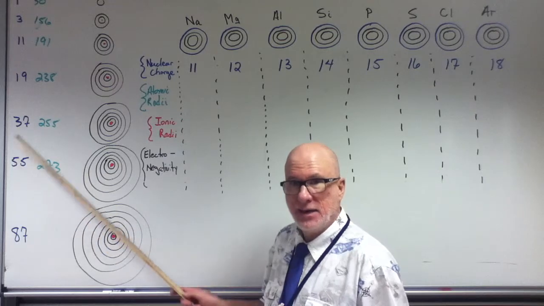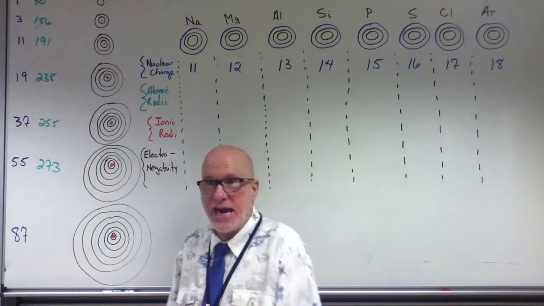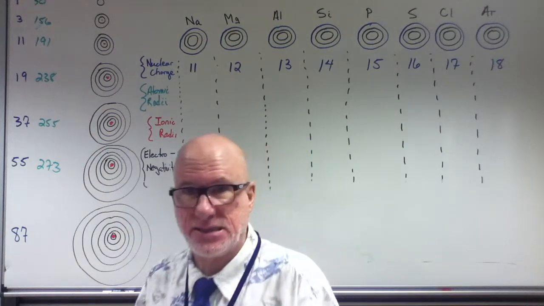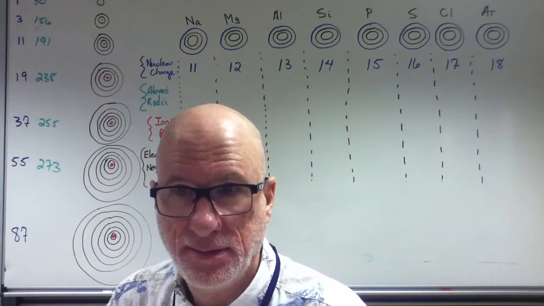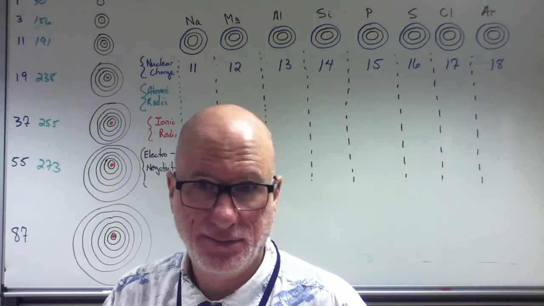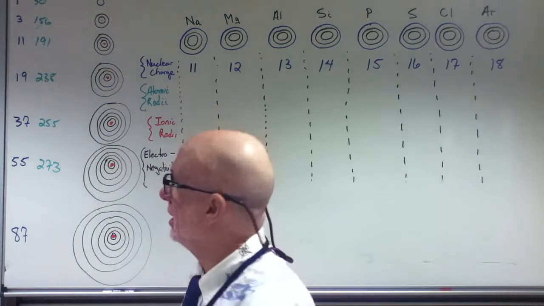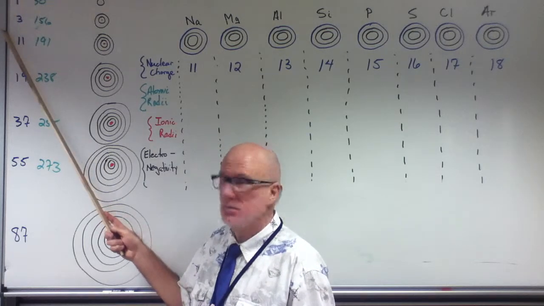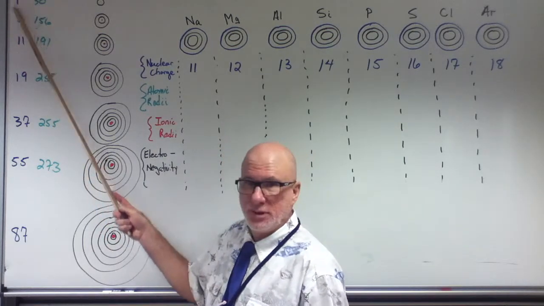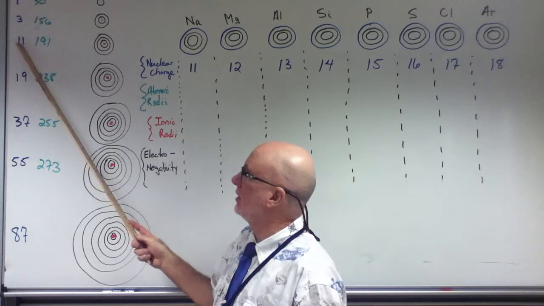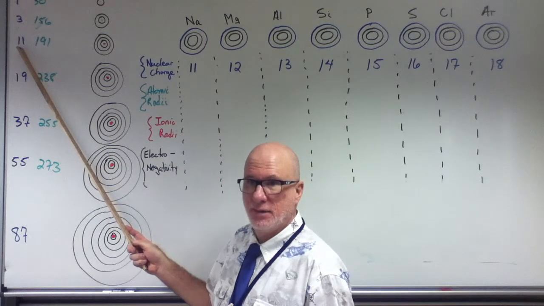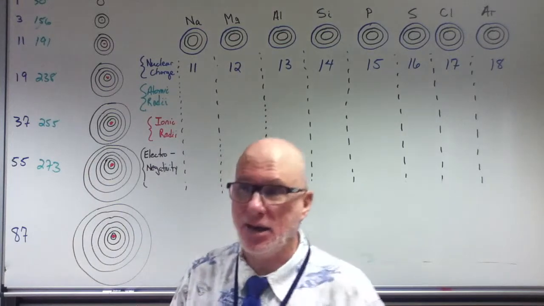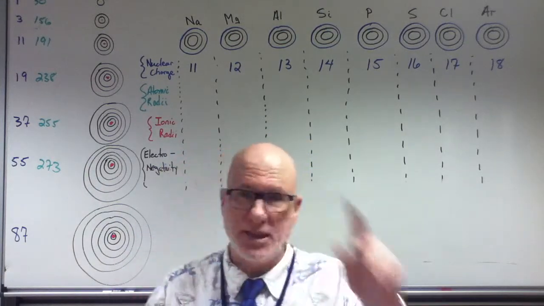Then what happens when I get really big? The nuclear charge is now increasing at a faster rate than the rings are being added. Correct? Because here, there's only 2 electrons, and you're adding another ring, another layer, but I'm putting a lot of electrons in there.